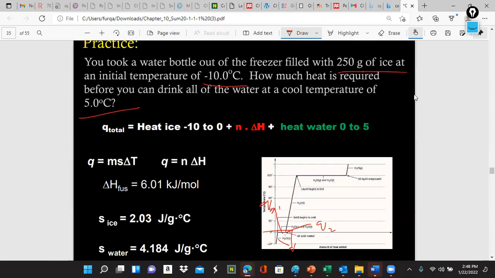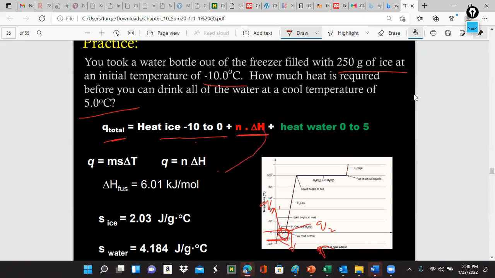So the total, the Q total, is going to be the heat of ice from -10 to 5 degrees. So the first thing here, the first phase, is where it's going from -10 to 0. Then there is a linear phase, a horizontal line, where heat is being absorbed, but there's no change in temperature. So we're going to use this equation.